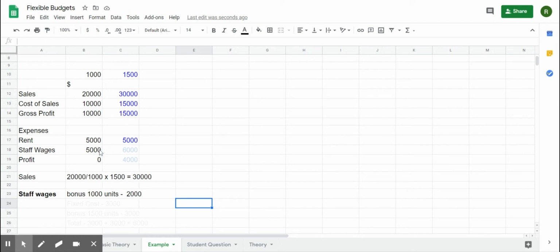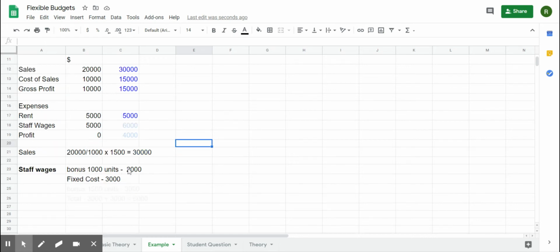And we know that the staff wages were 5,000, in this case, dollars. So 5,000 take away 2,000 gives me the fixed element of the staff wages. So at 1,000 units of output, the staff got a fixed wage of 3,000, and they also got a variable element, which is a bonus of 2,000. What we can now do, we know that they are getting $2 per unit, $2,000 divided by 1,000 units gives 2.